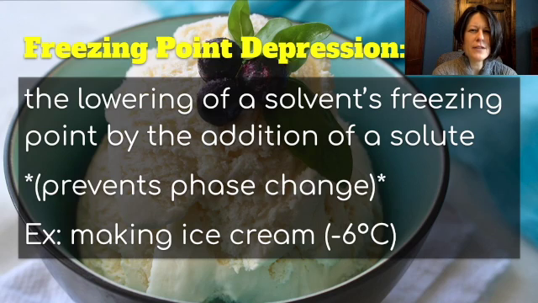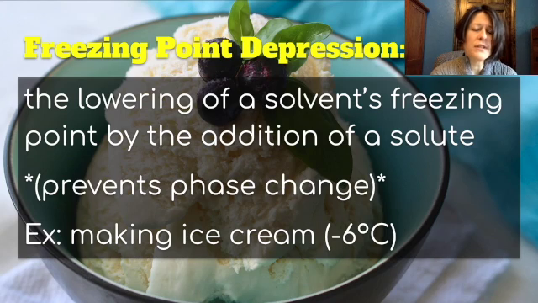And so when you add salt to the ice, it becomes a liquid because it will have to be at a lower temperature in order for it to freeze. So instead of freezing at, say, 0 degrees Celsius or 32 degrees Fahrenheit, it will freeze at -6 degrees Celsius or like in the 20s degrees Fahrenheit. Okay, so that is why we add salt.